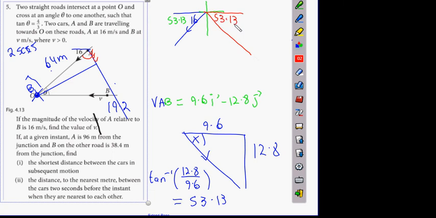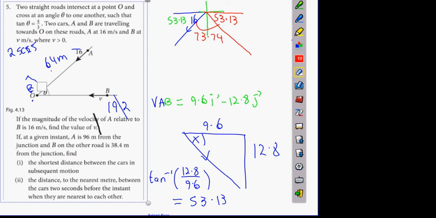What does that leave for the angle in between? 180 minus 53.13 minus another 53.13. What does that give us? 73.74.